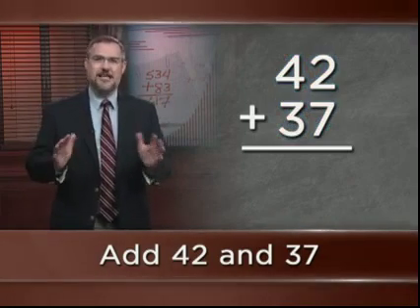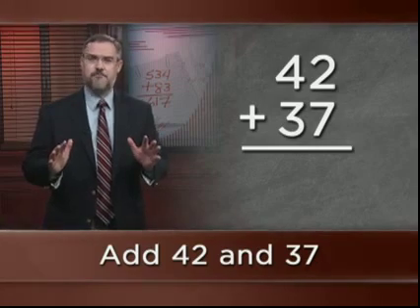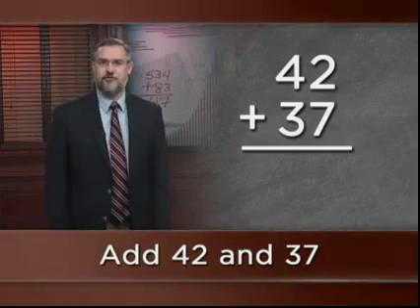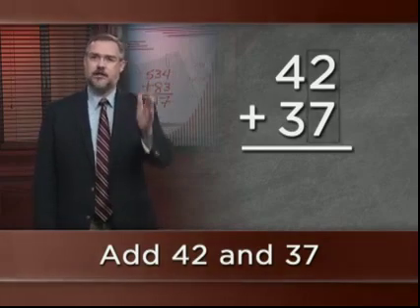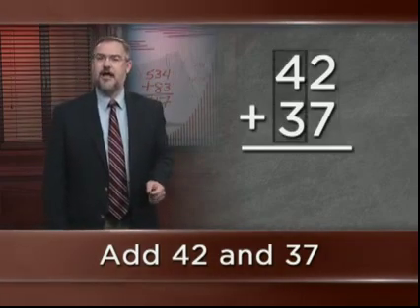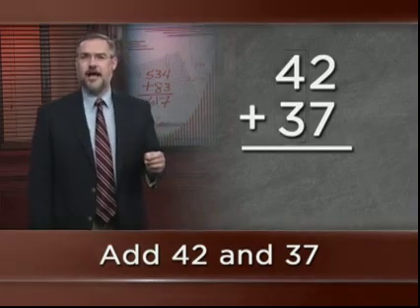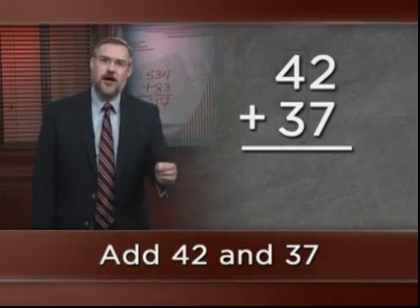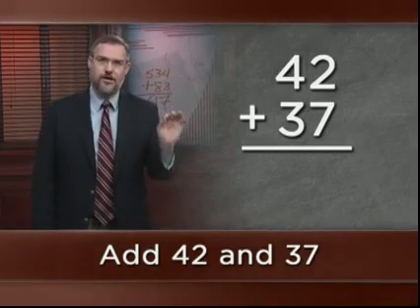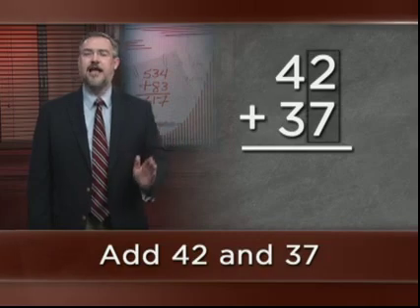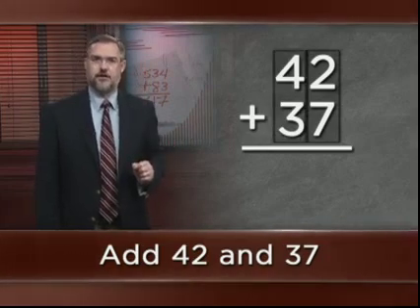There's a certain neatness about mathematics that's very, very important, especially at this arithmetic level. So we're going to line up the ones digits, and we're going to line up the tens digits. And every time you and I add two whole numbers, we need to line up these corresponding digits in this way. So we need to make sure the ones digits are one above the other, and the tens digits are above the other as well.